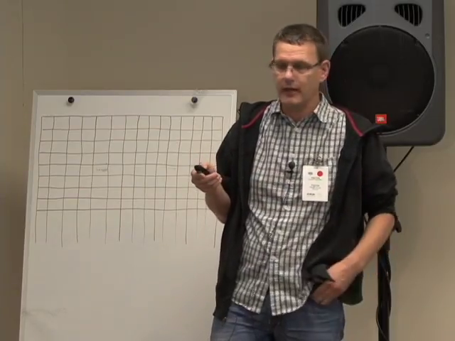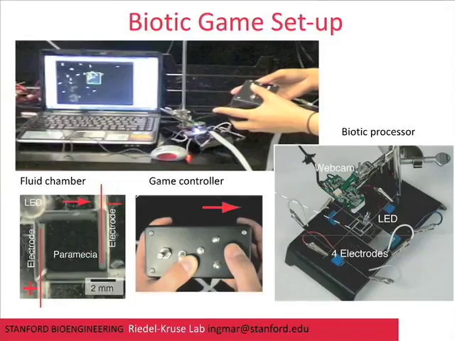And with the same kind of game engine, so to speak, you can make different types of games out of it by just programming different virtual objects on top of that, right? For example, playing the soccer game here. This was our very early prototype, as you see here, with a simple webcam, simple microfluidic chips and so forth.